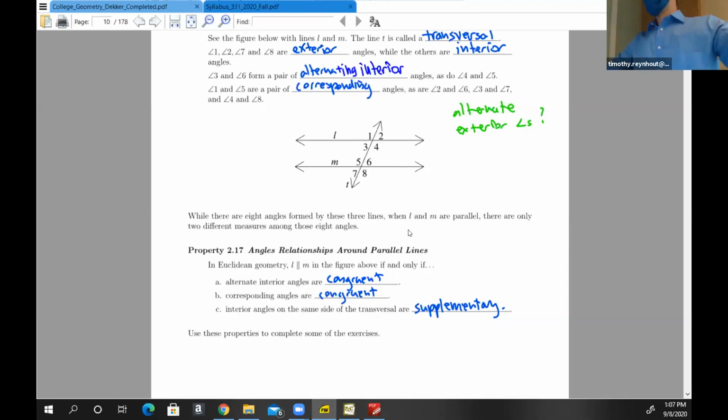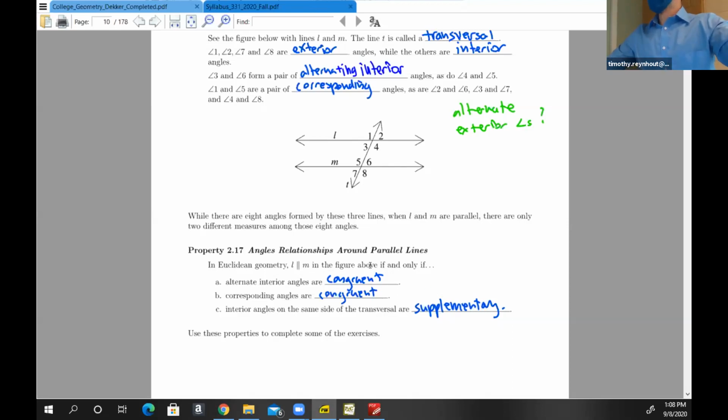And if you were to assume just one of them, so if alternate interior angles are congruent, so 3 and 6 are congruent, 4 and 5 are congruent, you would be able to use supplementary angles and vertical angles to show that corresponding angles are congruent and that the interior angles on the same side of the transversal are supplementary.